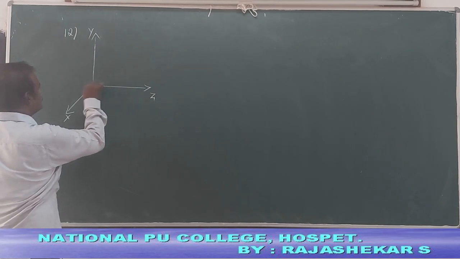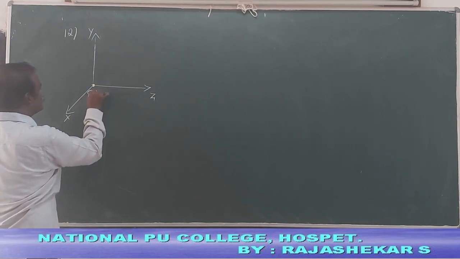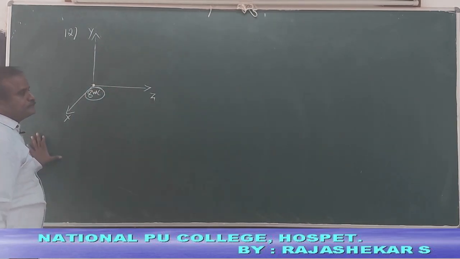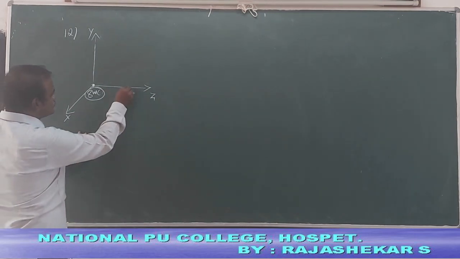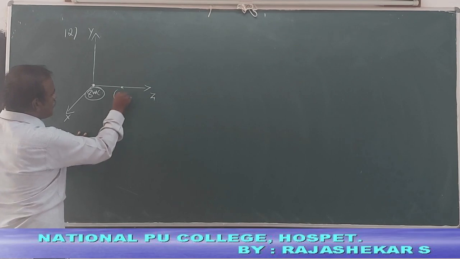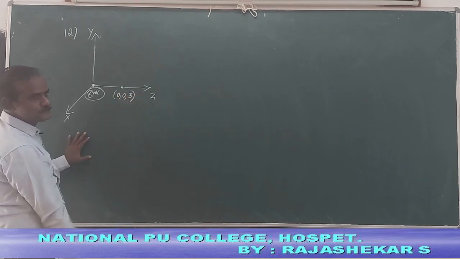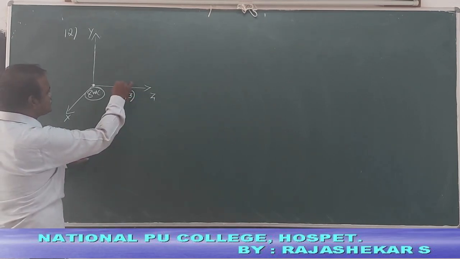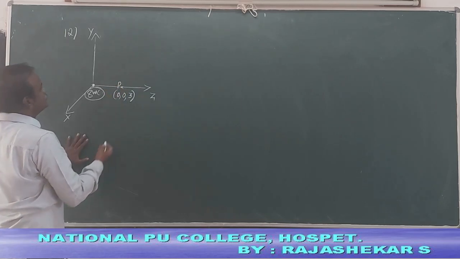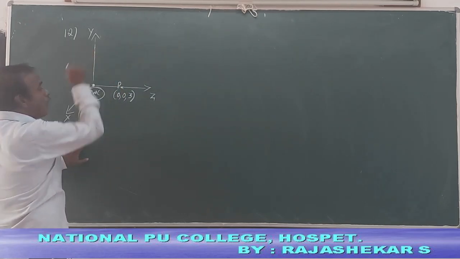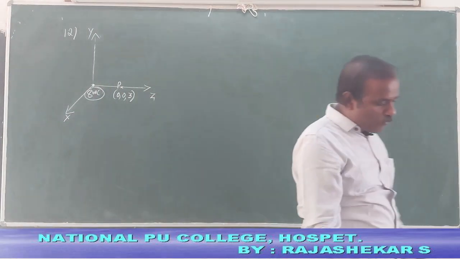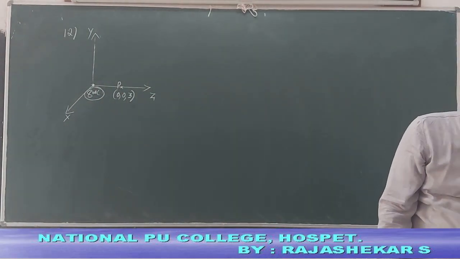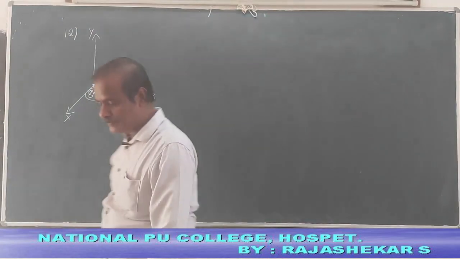Now at the origin there is 8 millicoulomb charge, and on the z axis the coordinates given are 0, 0, 3. This is point P, and it goes to point Q on y axis, because the coordinates of point Q are given to be 0, 4, 0 on the y axis.